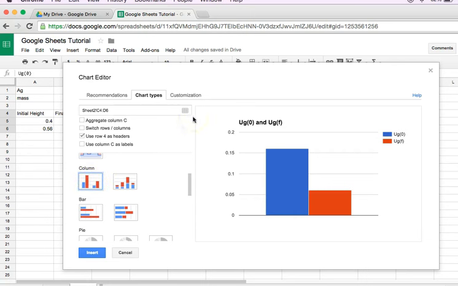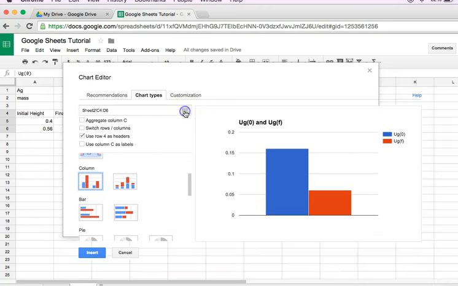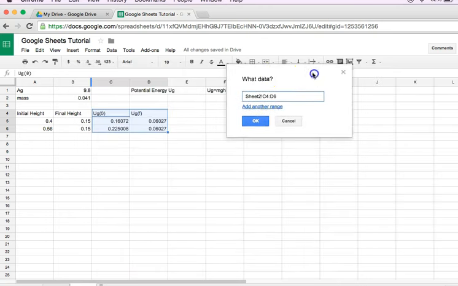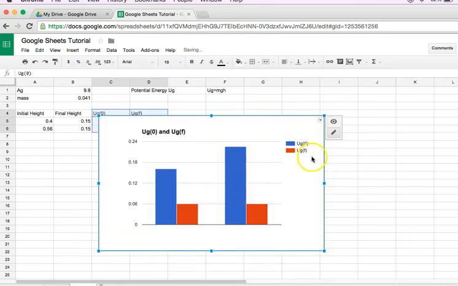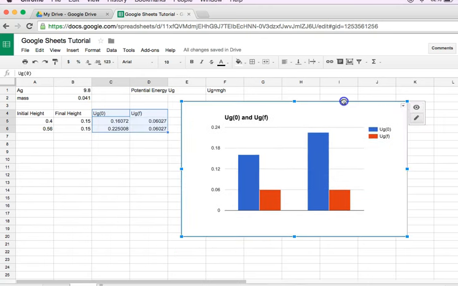Then once again, I want to double check here that I've got the right data range, which is all of this. I'm looking at both trials. I'm good to go. Let's insert graph. So now I've inserted my graph, and now I can actually start to look at what is the difference between trial 1 and trial 2.